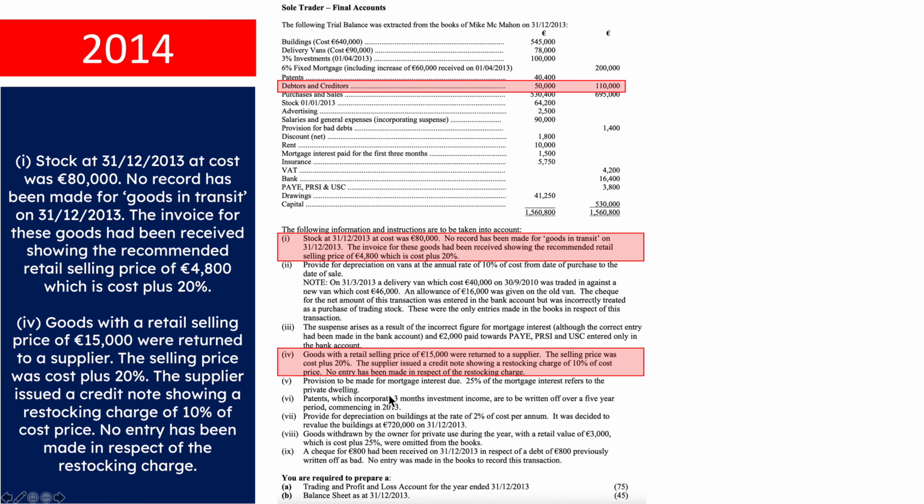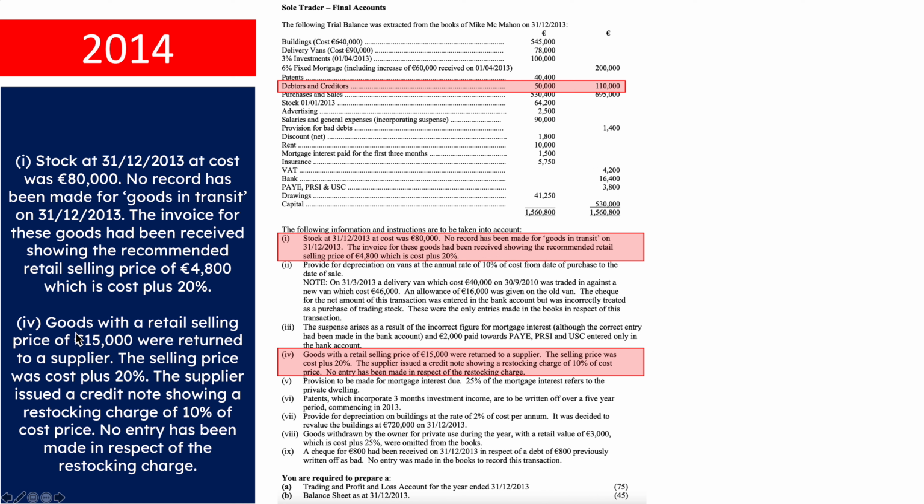Right, 2014. So 2 adjustments in this year as well. We have goods in transit and then we have a restocking charge. So number 1, stock at 31st of the 12th, 2013 at cost was €80,000. No record has been made for goods in transit on the 31st of the 12th, 2013. The invoice for these goods has been received showing the recommended retail selling price of 4,800, which is cost plus 20%.